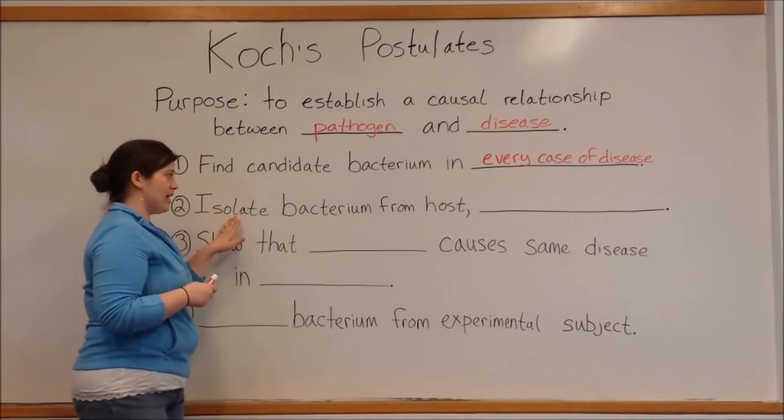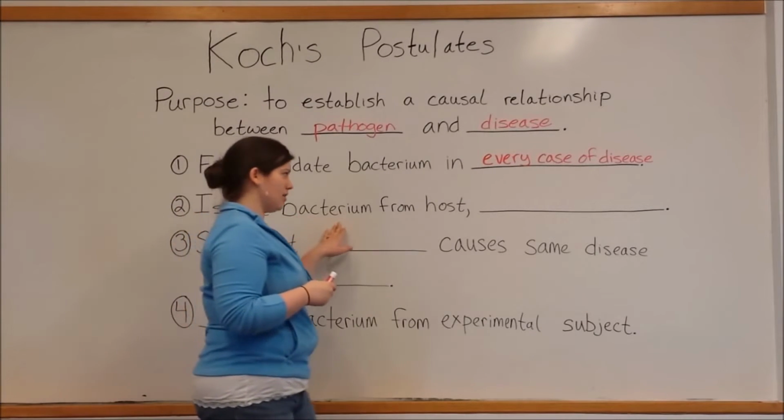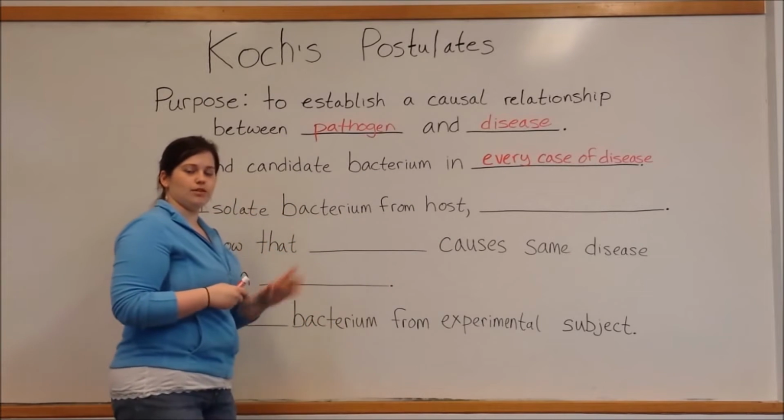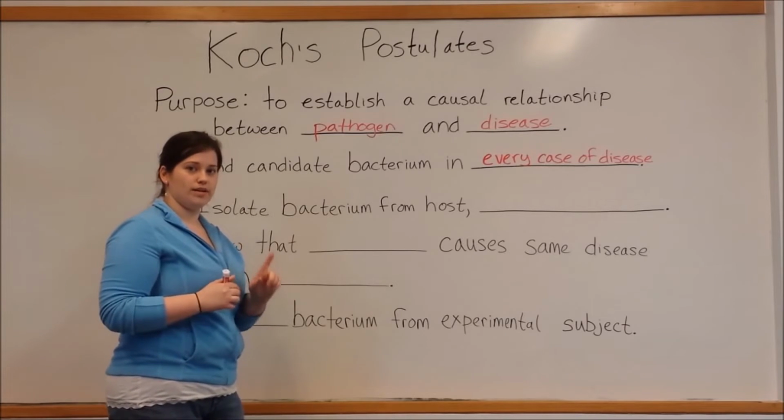Next, you have to be able to isolate the bacterium or the pathogen from the host, and specifically, you have to be able to isolate that bacterium and grow it in pure culture.